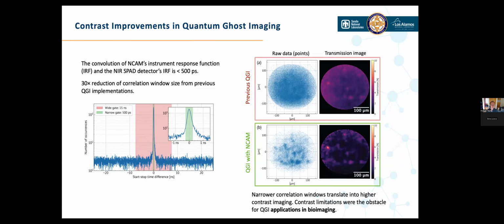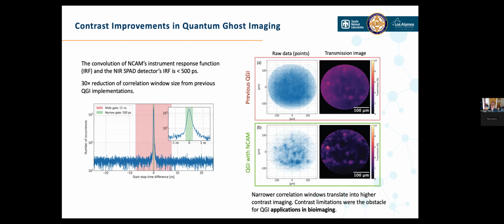A little bit of an example of why what we're doing here is an improvement over previous ghost imaging is we've been able to access much shorter correlation times than previous detectors. So these detectors tend to produce individual photons, not pixelated things. So in the images here on the top and bottom on the left side, each spot there is essentially a detected photon.